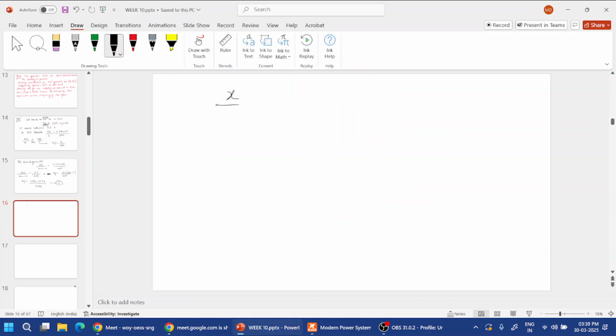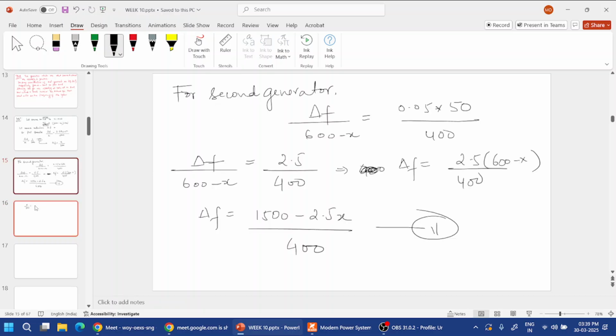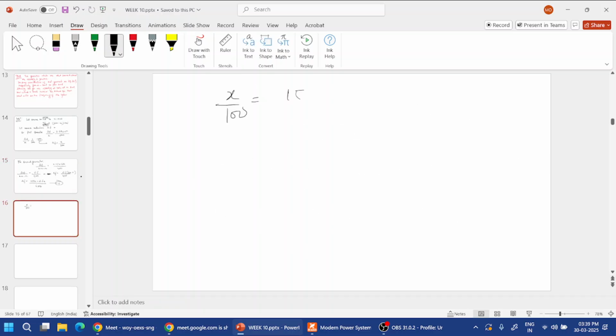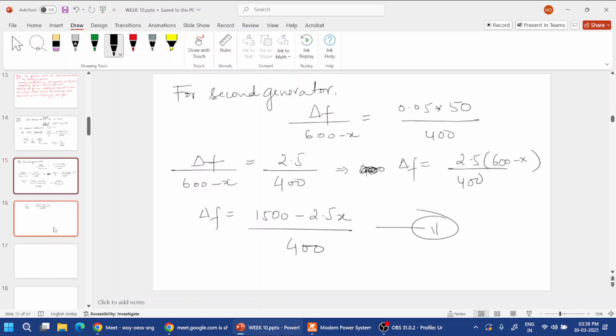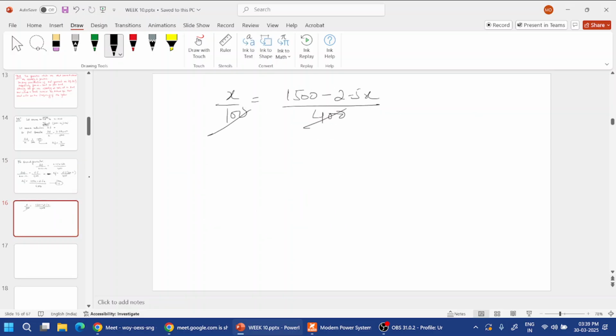So x upon 100 equals (1500 minus 2.5x) divided by 400. Okay, so this will cancel out and it will be 4x equal to 1500 minus 2.5x, and 4x plus 2.5x is equal to 1500.